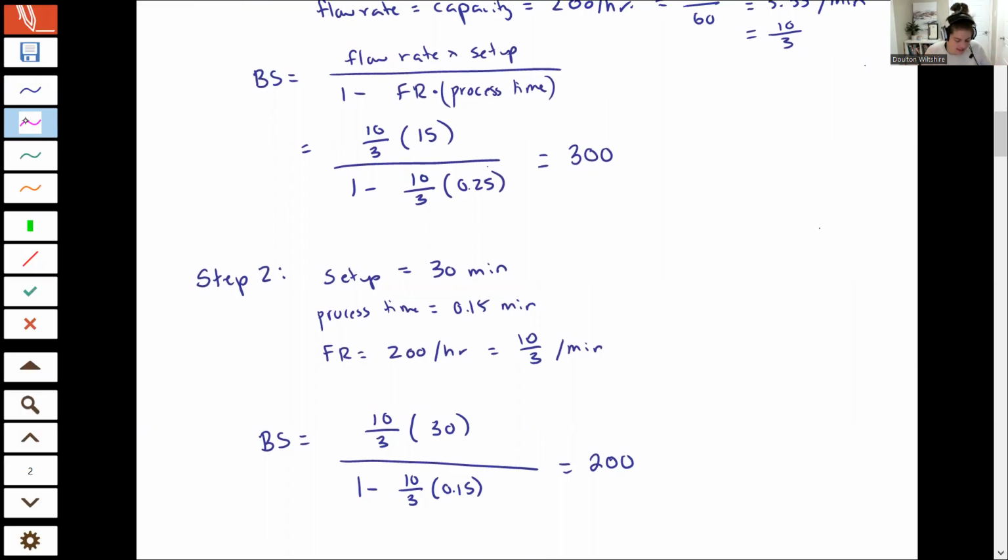Okay. And the truth is that we have to just use the larger of the two batch sizes, okay? Because if I take this batch size of 200 and I put that into step 1, I'm not going to get 200 per hour coming out, okay?